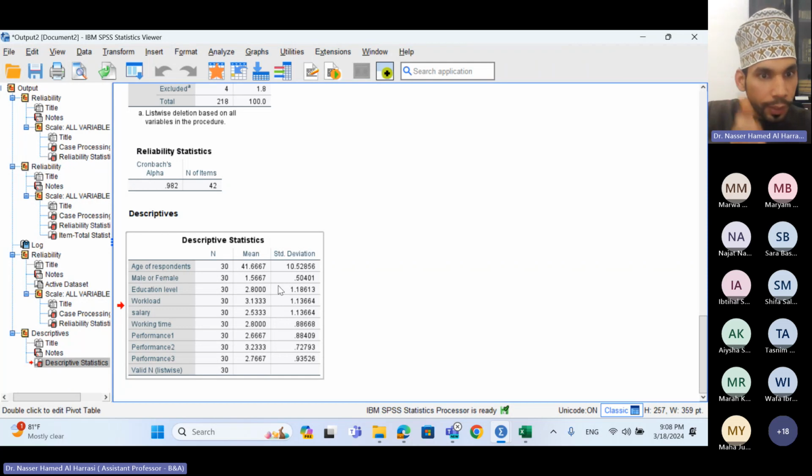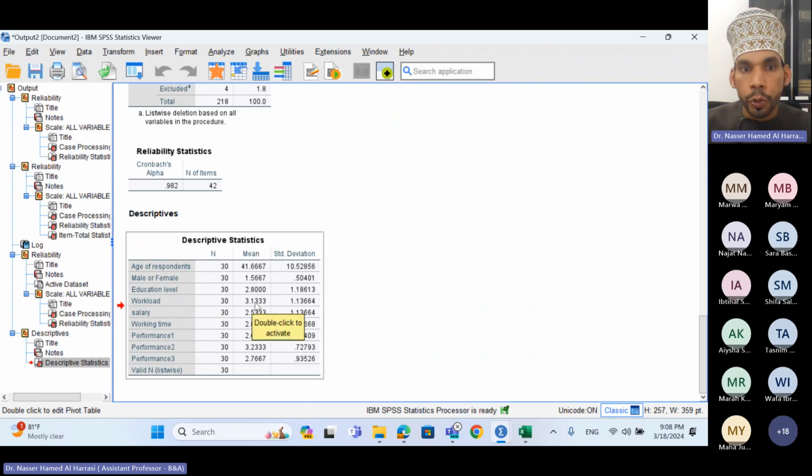There is nothing in the middle, either male or female. So we don't have to choose the mean of the demographic. Maybe you can get the mean of the age group, but in relation to gender and education, we don't need the mean.